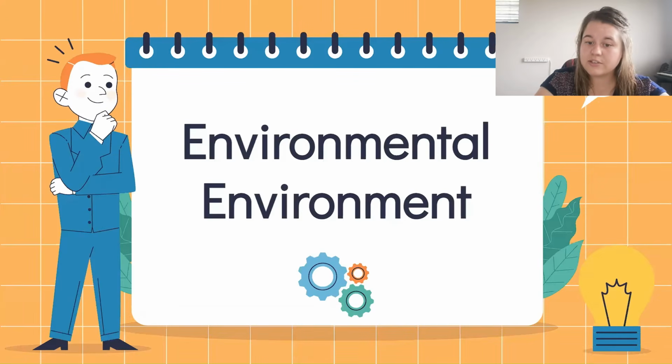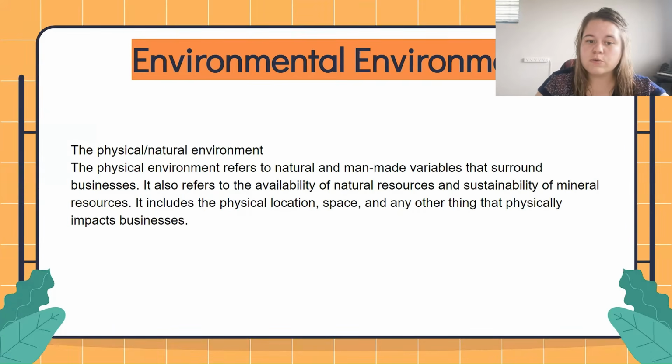The environment. So remember, this one includes two, so we're going to look at both. All right, so we're looking at the physical natural environment as well as the international global environment. So the physical environment refers to natural and man-made variables that surround businesses.